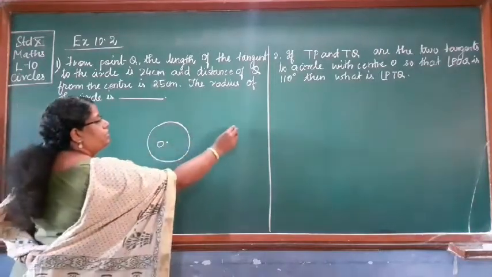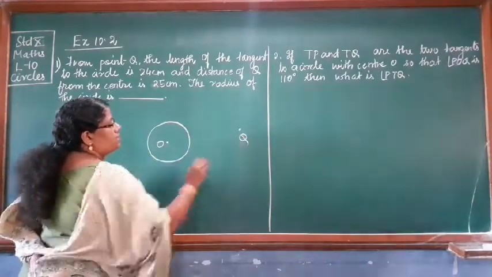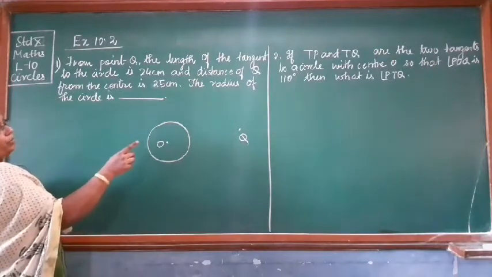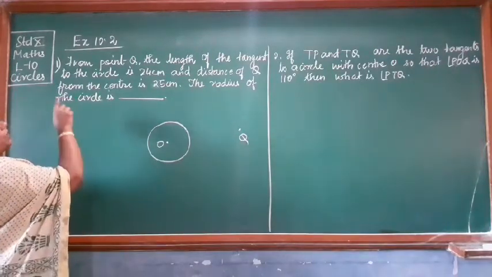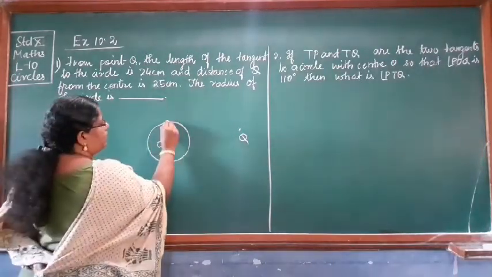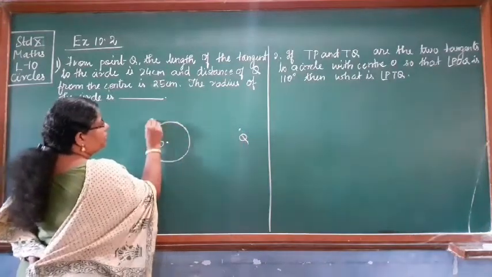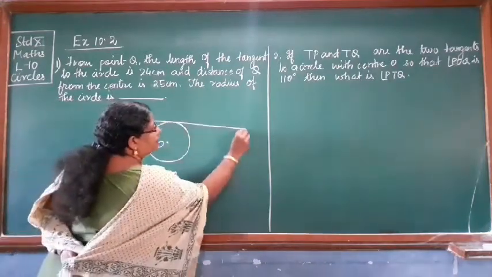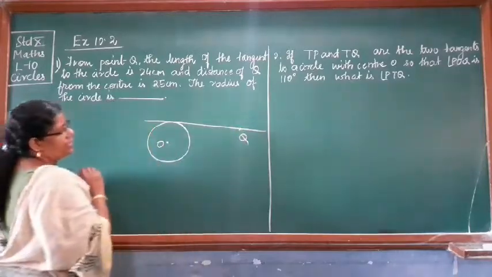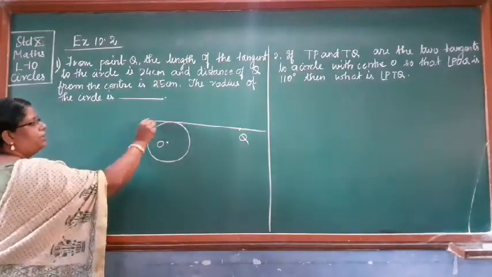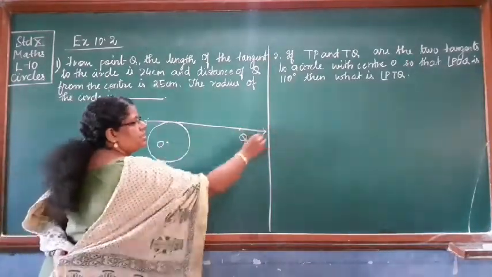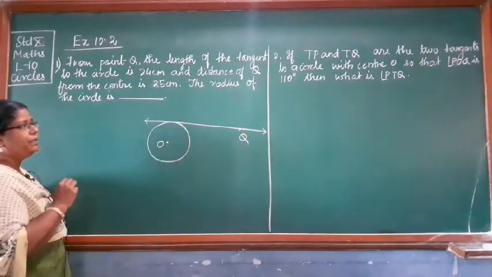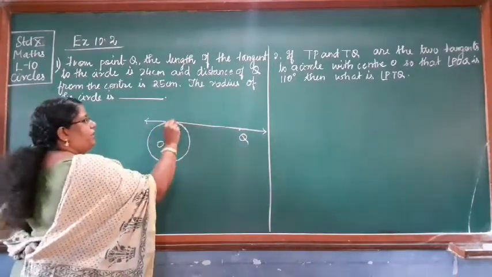And there is a point Q which is lying external to that circle, and from that point Q, the length of the tangent is given to you. Okay, so from this point Q, there is a tangent passing through that point Q which is lying outside the circle. So this is how the figure would be. Let this be the point of contact.